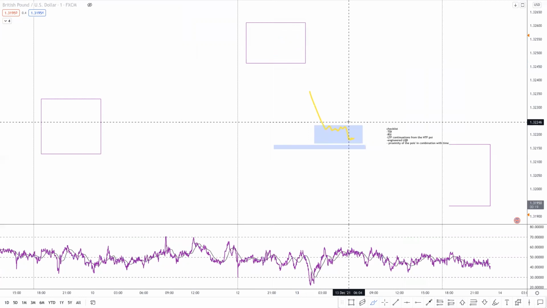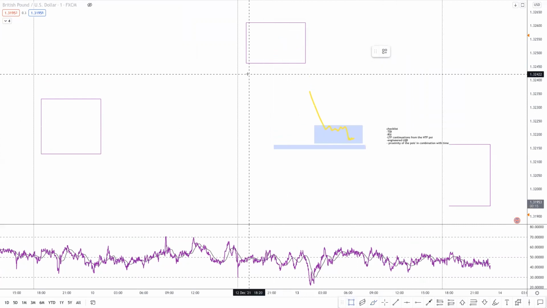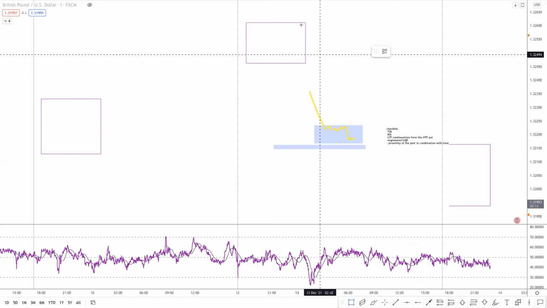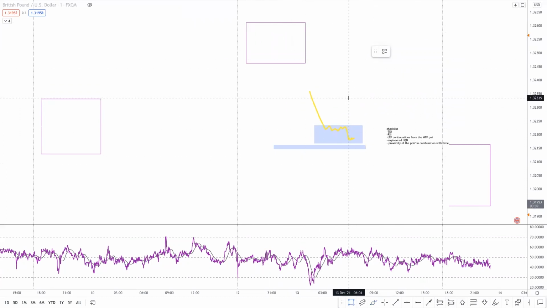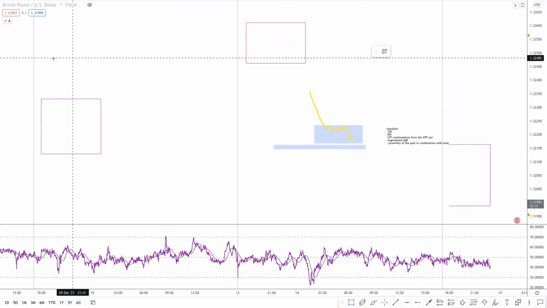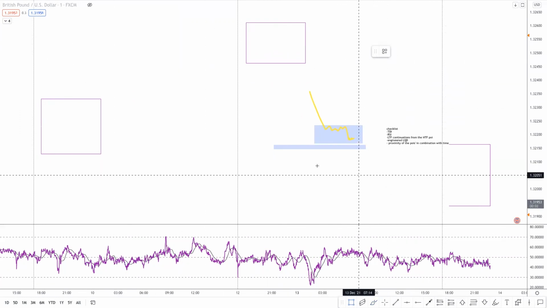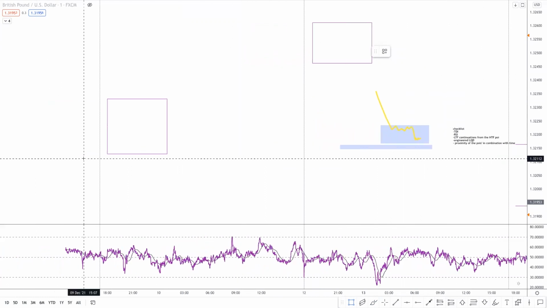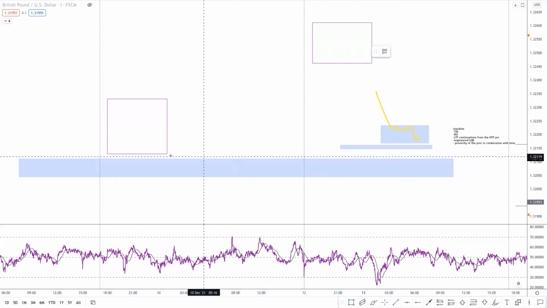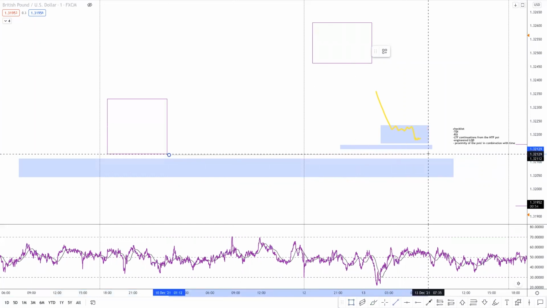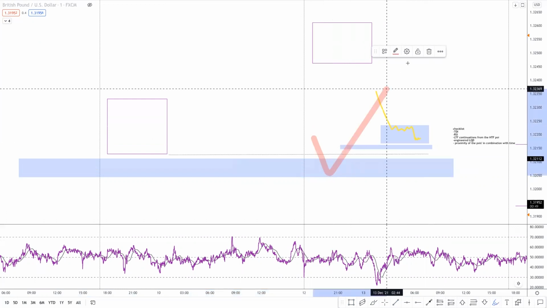If a POI is within the same day, it has more validity than POIs that are going back from time and time before. The only way we take POIs that are, let's say, 3 days back, is if we have some sort of sweep of liquidity into this POI before it can go up.